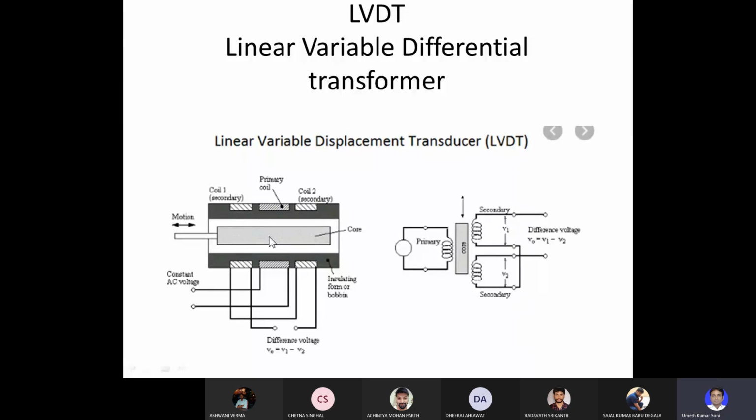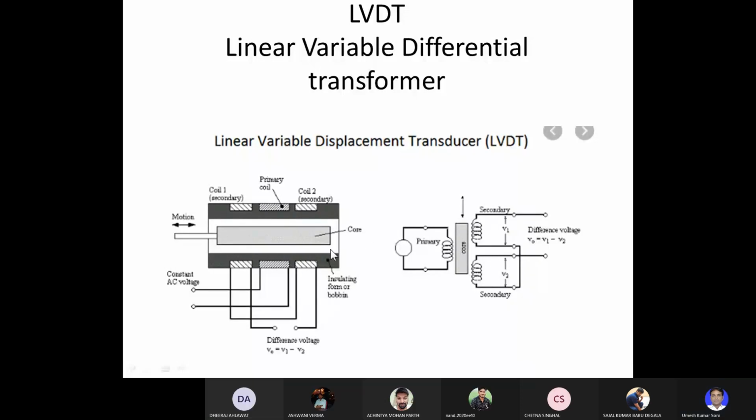So here, suppose at the central position of the core, the secondary induced EMF in coil 1 is V1, and in coil 2 the induced EMF is V2.